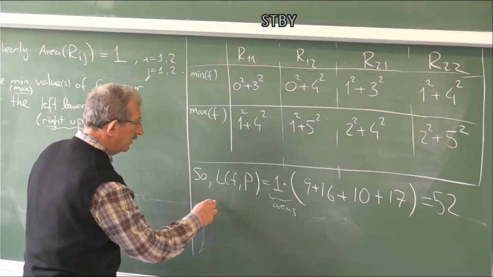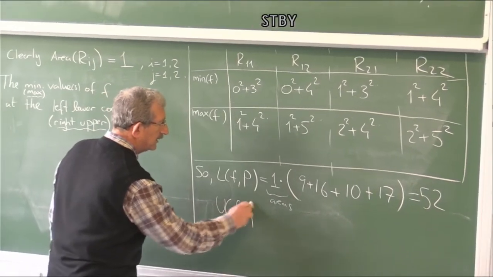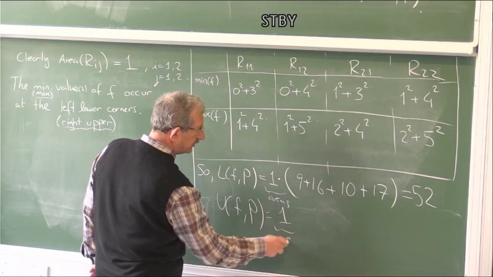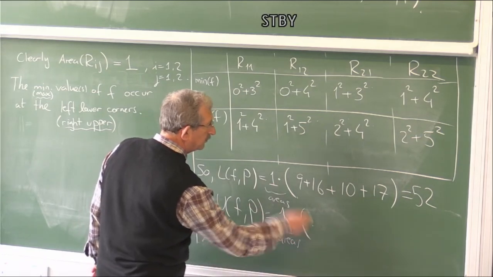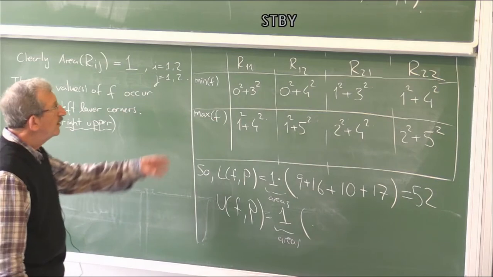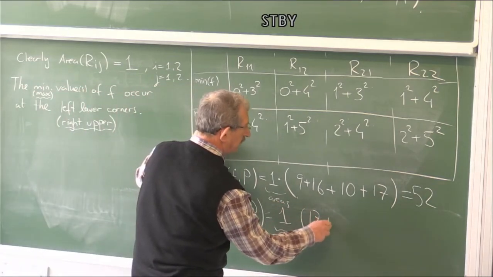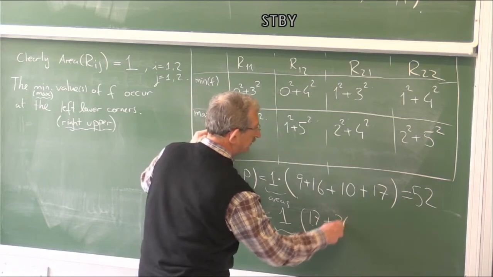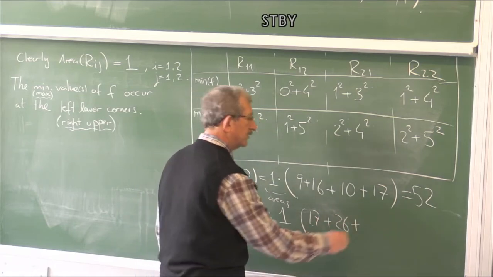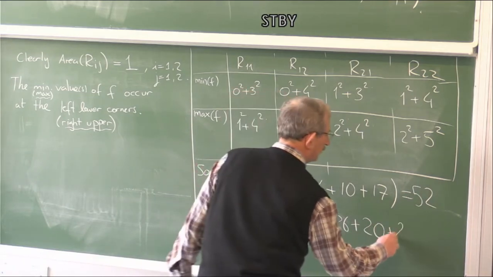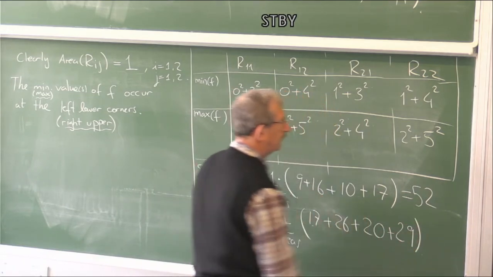And the upper sum is 1 times the biggest values, so it is 17 plus 26 plus 20 plus 29.